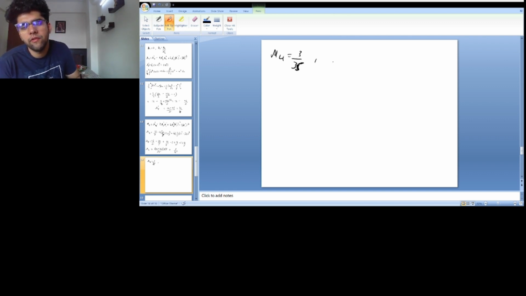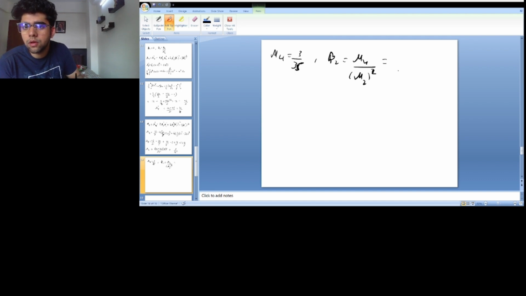Now I have found out this. Now I need to just put in the values. Mu 4 upon mu 2 square, the square of the second moment with respect to the mean, which is the variance.